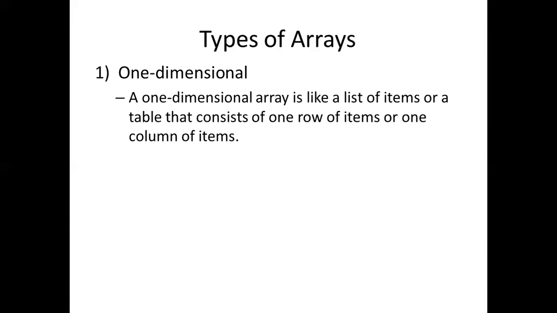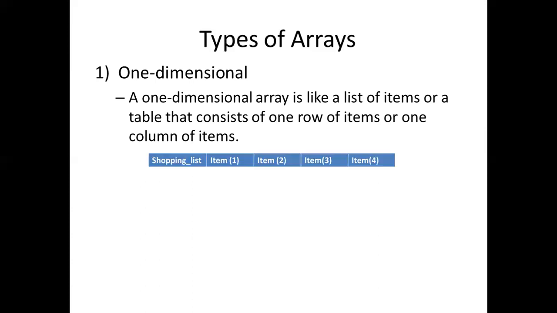This is just an array that is like a list of items or a table that consists of one row, and one column of items that you want to store.